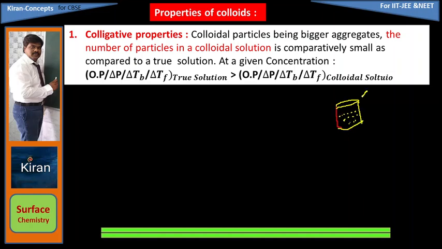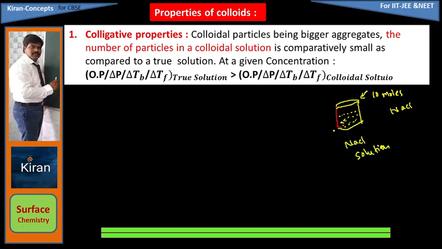Here I am adding 10 moles of NaCl salt. When I add 10 moles of NaCl to this water, the sodium chloride will be dissolved. It means the salty taste will be present in this NaCl solution.